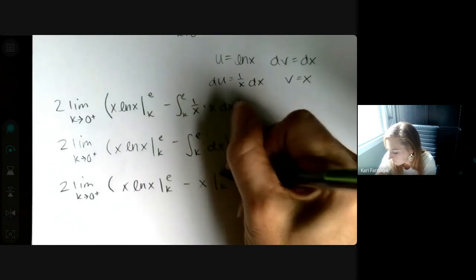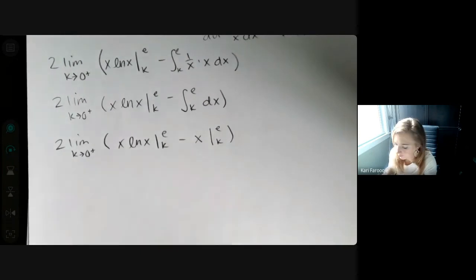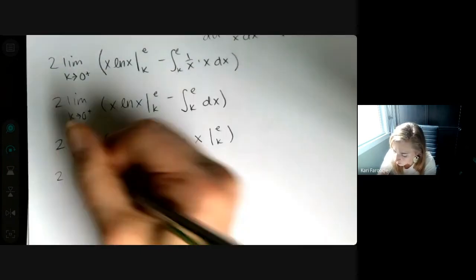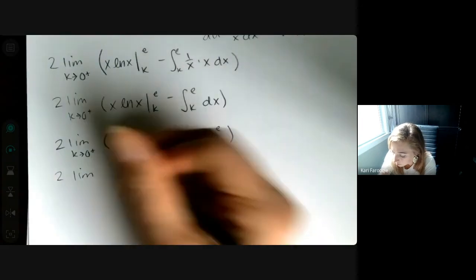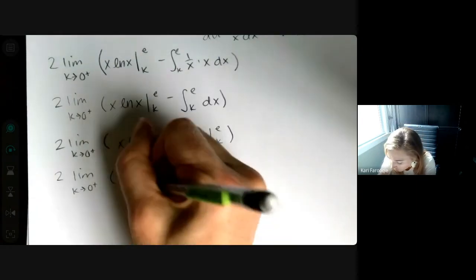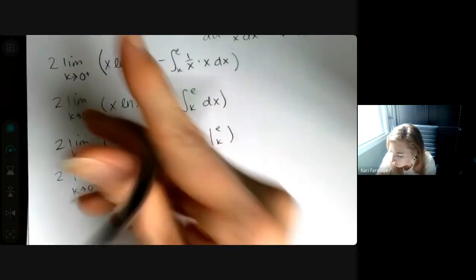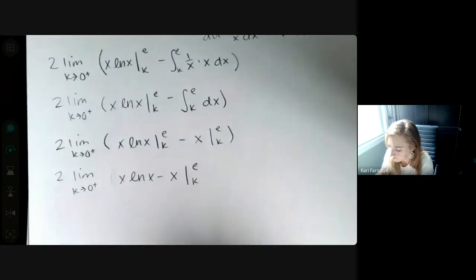And again, that's going from k to e. Just a lot of little small steps here. You could technically evaluate this all at once if you would like, but officially you have x ln x minus x going from k to e.